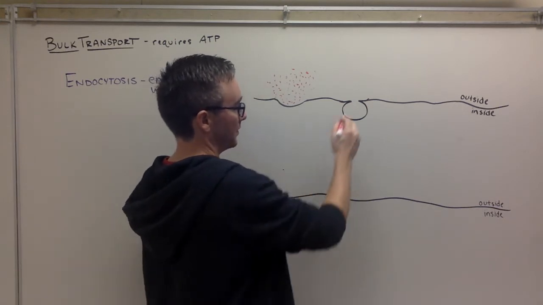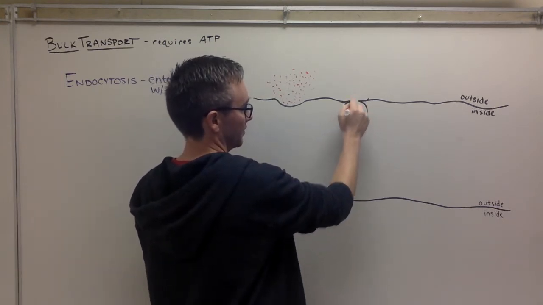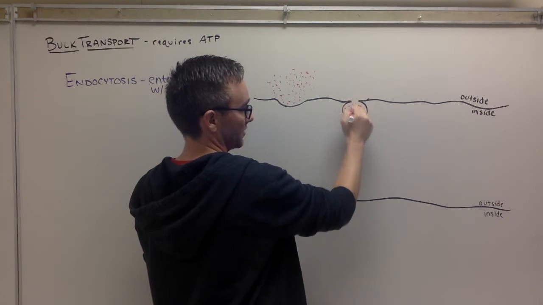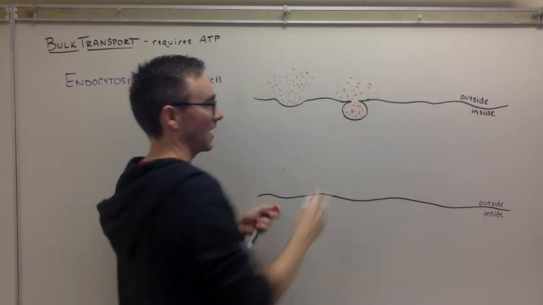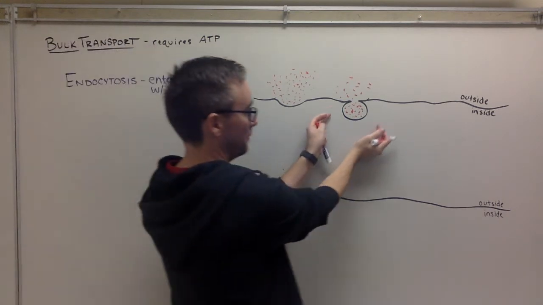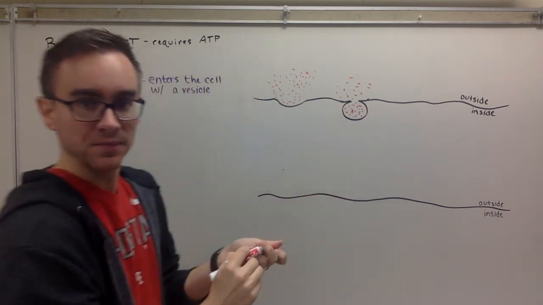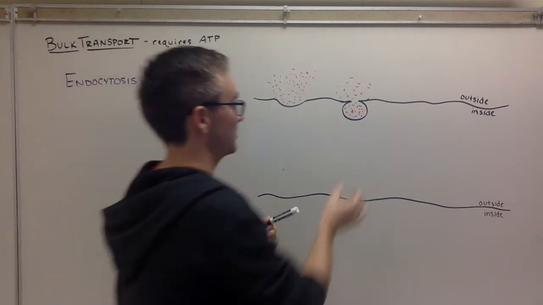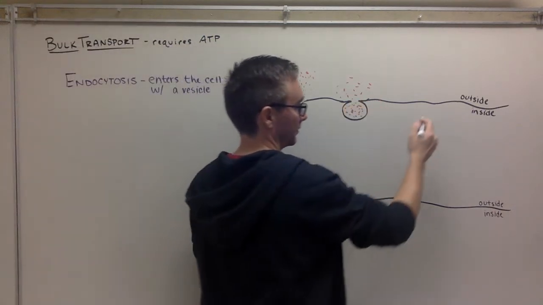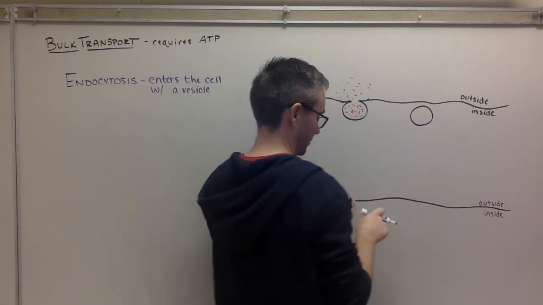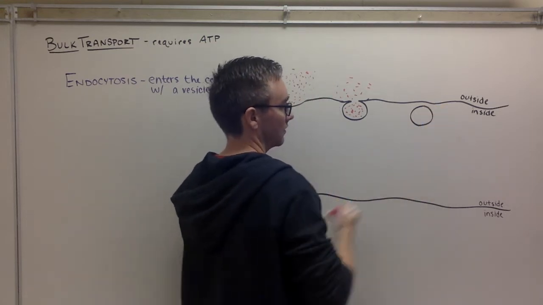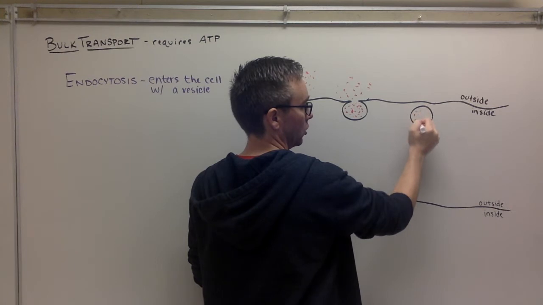It's starting to pinch off, and now it's got some of that material, the amino acids, inside. Now we're starting to form a vesicle. It's going to pinch in, and once it closes that gap, we have those amino acids enclosed.